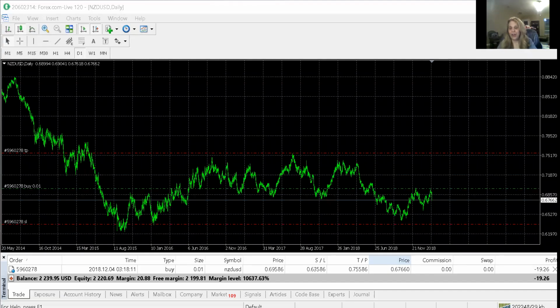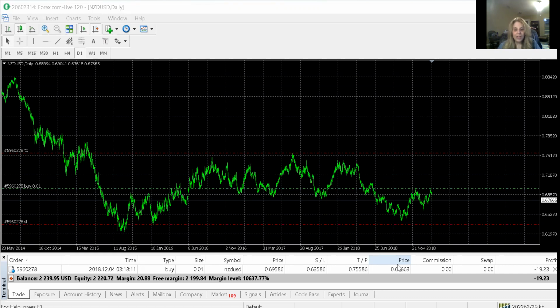This trade is a buy, and it's NZDUSD. What I've been talking about has flipped just a little, but there's not enough here to worry about. This is a buy at 0.01.